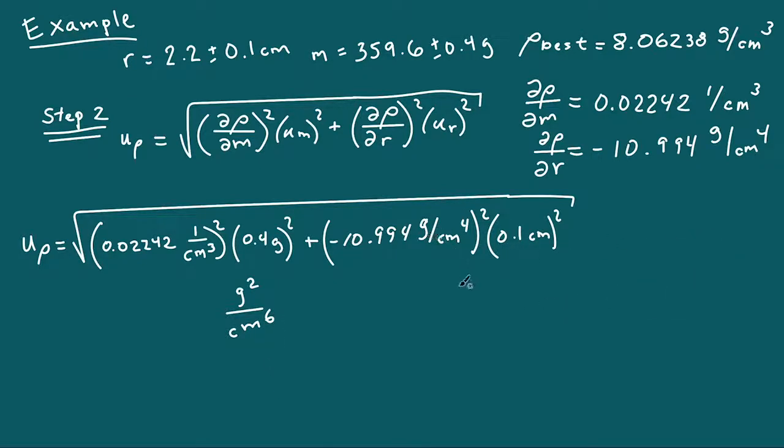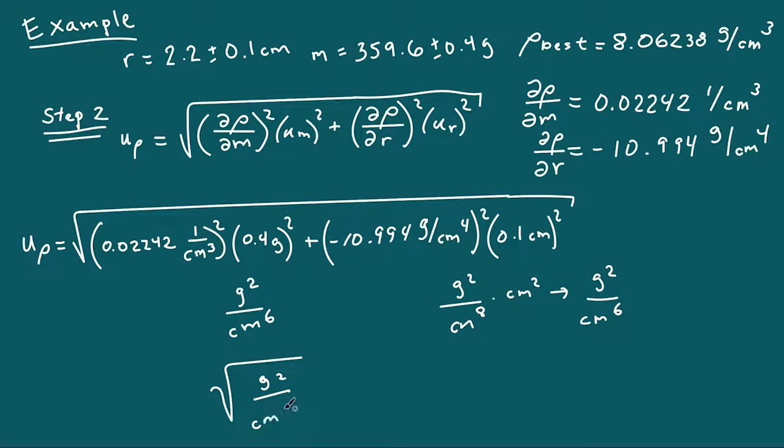And this is going to be grams squared divided by centimeters to the 8th. But it's multiplied times centimeters squared. So that gives us grams squared divided by centimeters to the 6th. And that's good because if I take the square root of that, that gives me units of grams per cubic centimeter. So the units work out as they are shown.